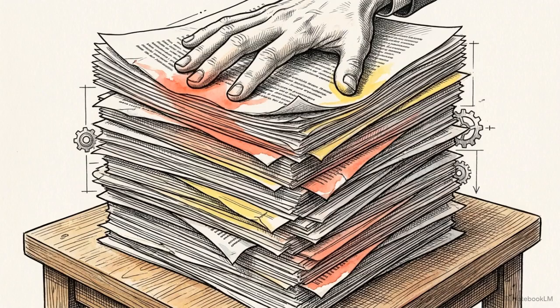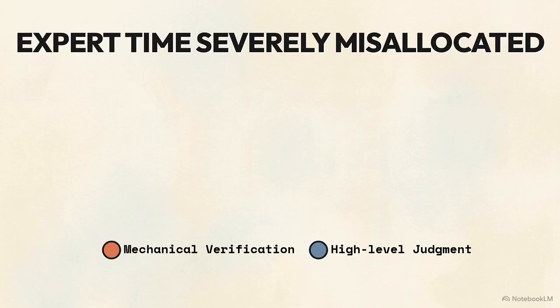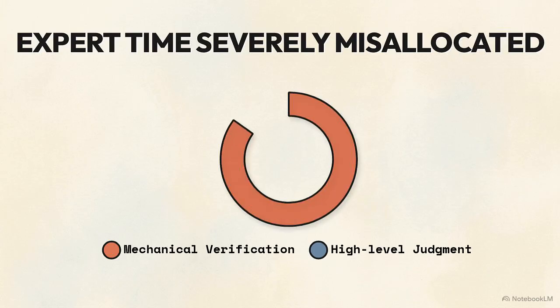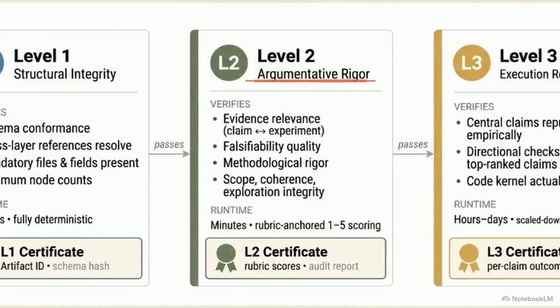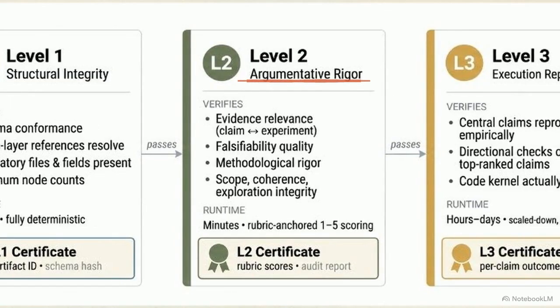Scientific publishing is currently throttled by human reviewer bandwidth, which is often spent on mechanical verification rather than high-level judgment. The ERA seal is a machine-executable peer review pipeline. Level 1 validates structural integrity and cross-layer references. Level 2 enforces argumentative rigor, evaluating logical support before any code is run.